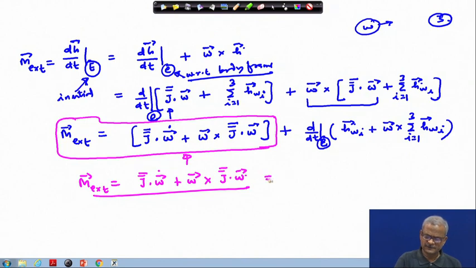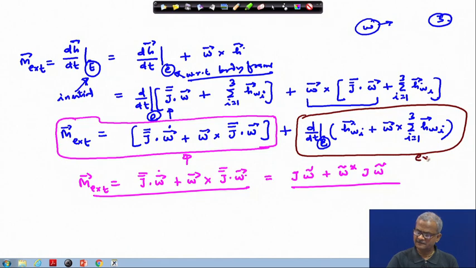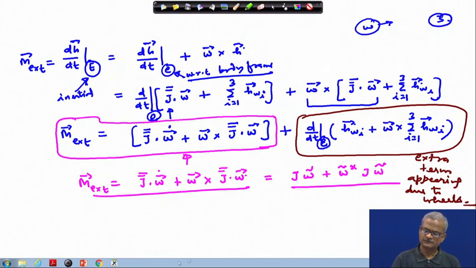The same thing we have written in other format also, like instead of writing in terms of the inertia dyadic, we can write in terms of the inertia matrix, and there we have written it like this times omega tilde cross times J times omega tilde. So, what we can see is that this term is an extra addition, this is the extra term appearing due to the wheels.